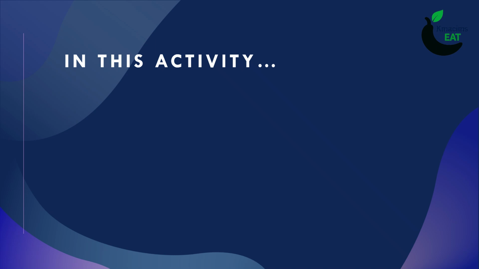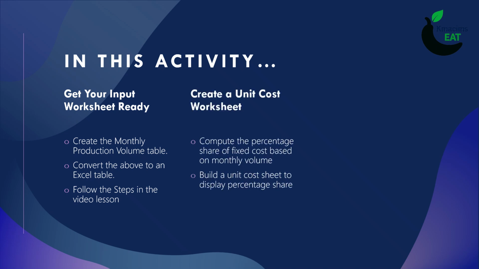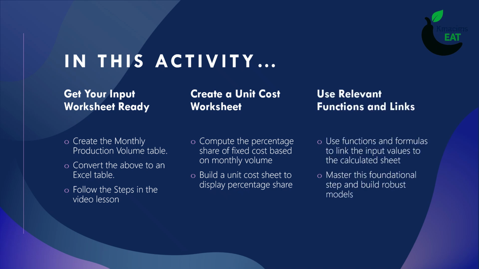So in this activity, you are going to get your input sheet ready for the calculation of unit costs for multiple product lines. Do the following. Go to your input sheet and create the monthly production volume table as shown in the previous lesson.